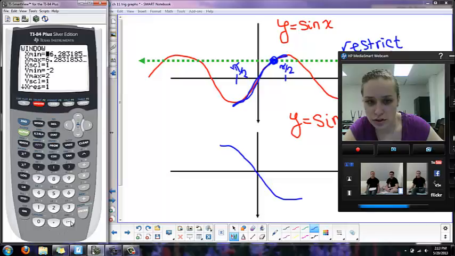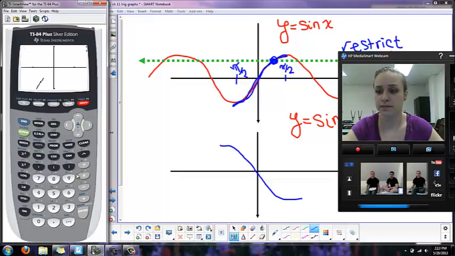I'm going to change this to -pi/2 because that's where I restricted my domain. Enter. +pi/2. And it's very, very possible, John, that I just drew that wrong, but I just want to double check. I'm going to make my x min -1 and my y min +1. And graph.